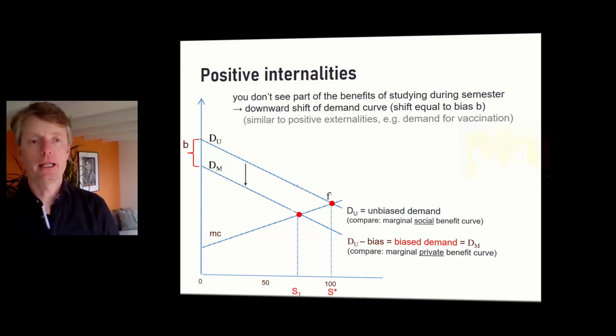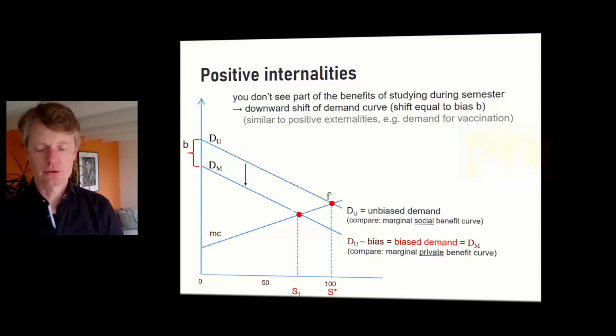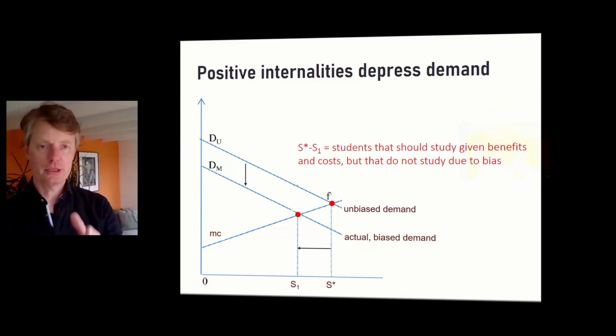And if these are the benefits that you take into account, and the future benefits go out of the window, then a smaller share of the students will actually study. So this positive internality depresses demand.